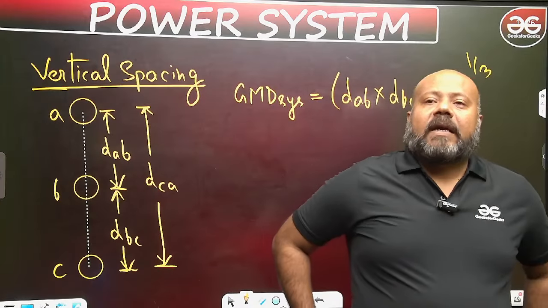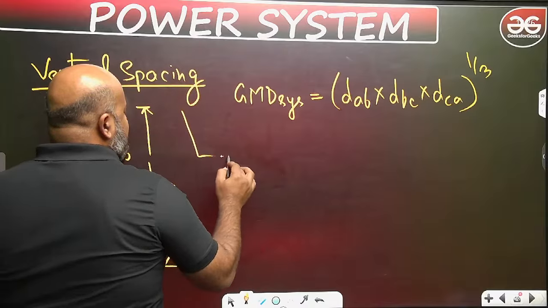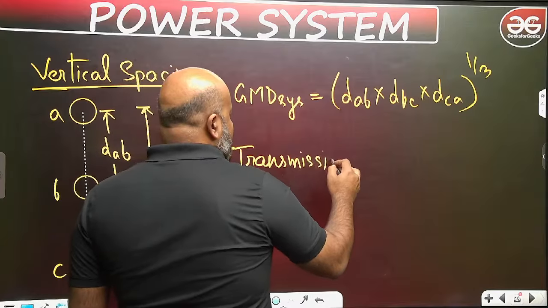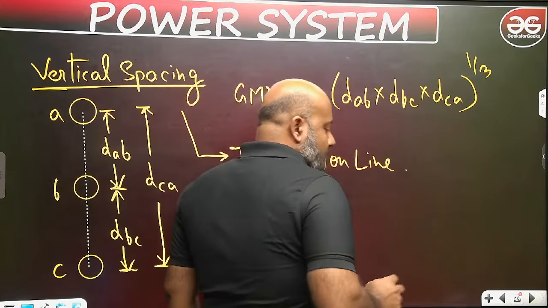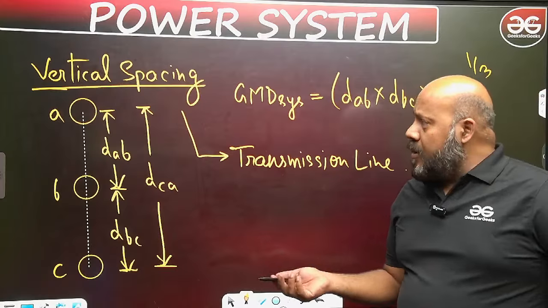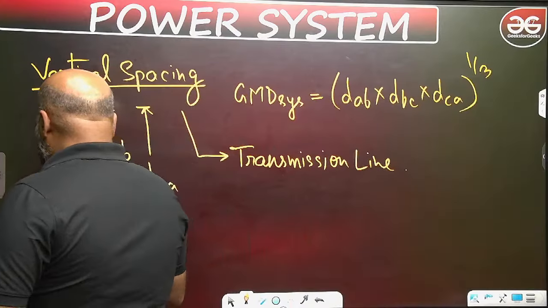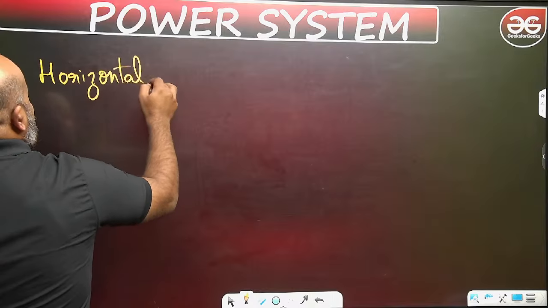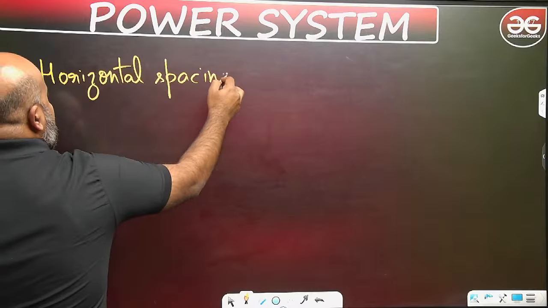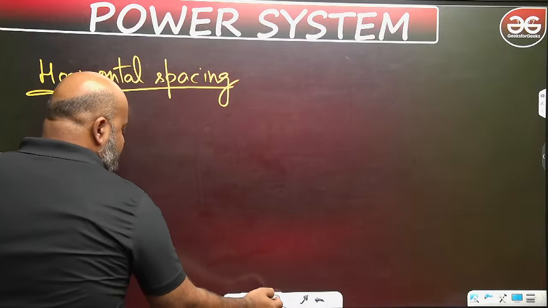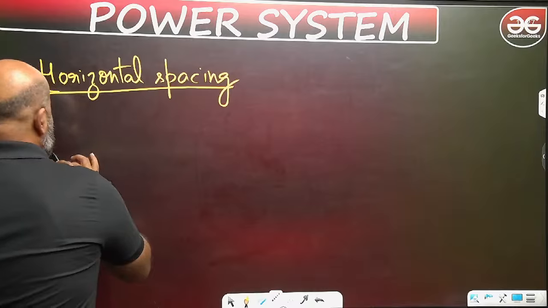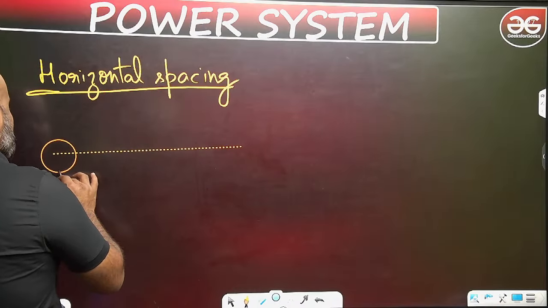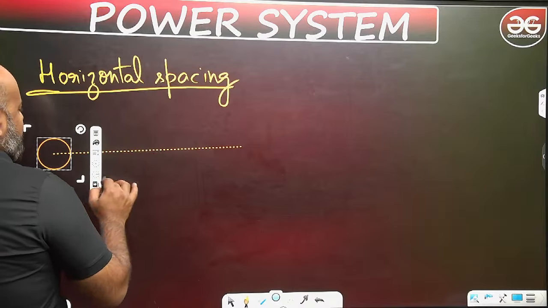Okay. So vertical spacing, generally we are using for transmission lines. We can also talk about the horizontal spacing. Horizontal spacing generally we are using for the distribution system, and it is something like this.